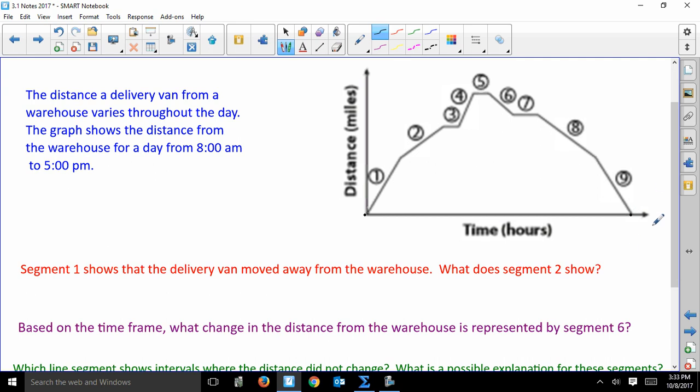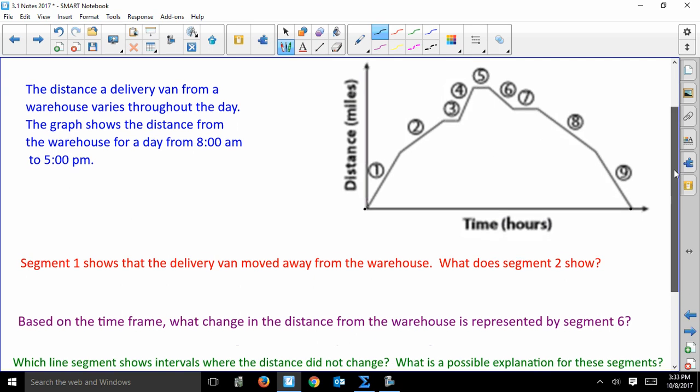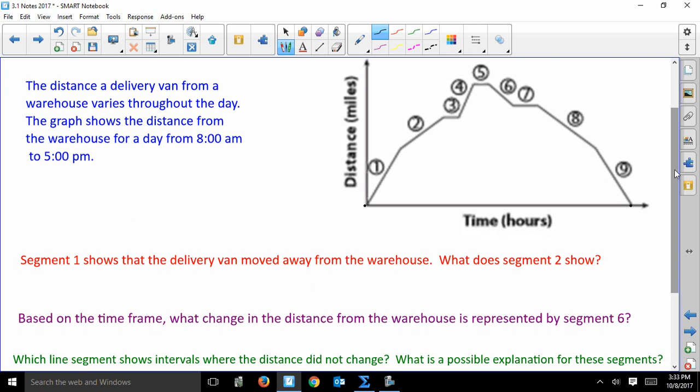Let's assume that this delivery van is delivering furniture. The first question says that segment 1 shows that the delivery van moved away from the warehouse. Notice that in segment 1 the distance is increasing. Question, what does segment 2 show?